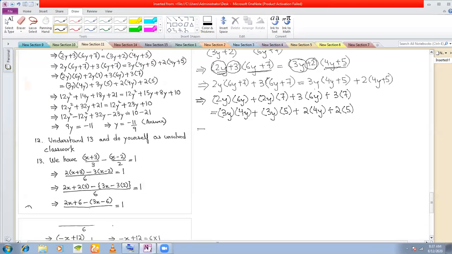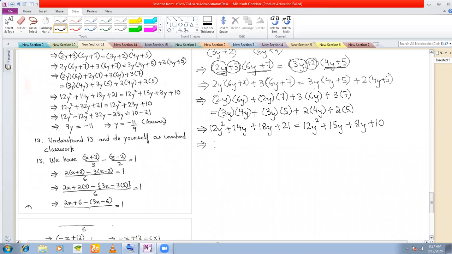Now you multiply. 2y into 6y is 12y square, plus 7 into 2y is 14y, plus 3 into 6y is 18y, plus 7 into 3 is 21. 3y into 4y is 12y square, plus 5 into 3y is 15y, plus 4 into 2 into 4y is 8y, plus 5 into 2 is 10.